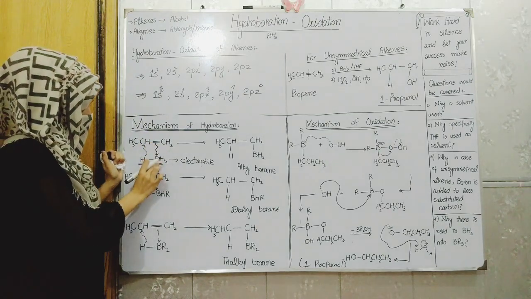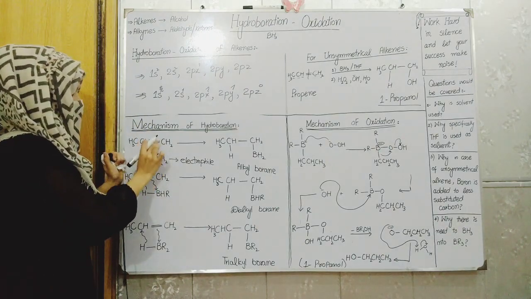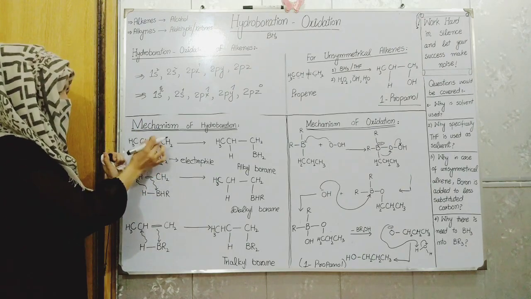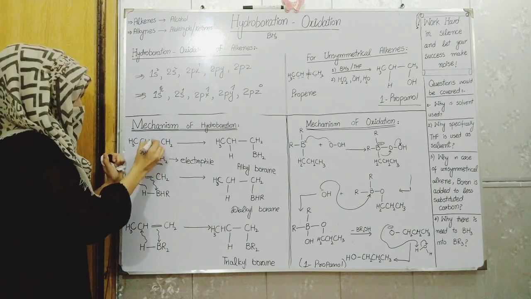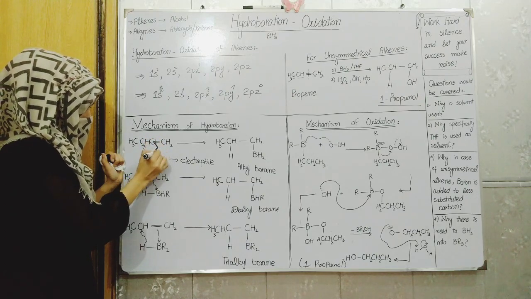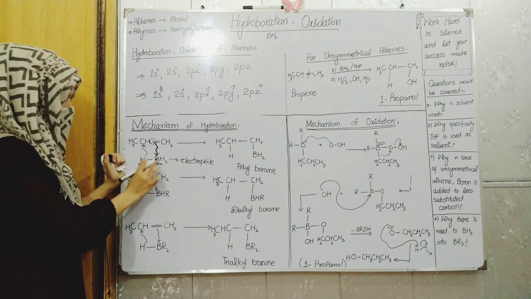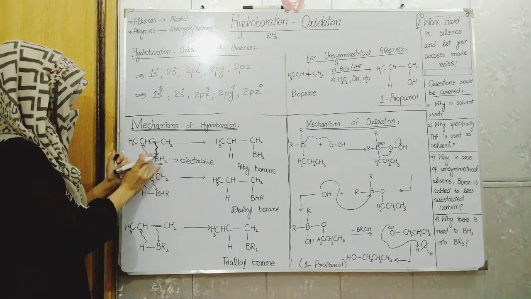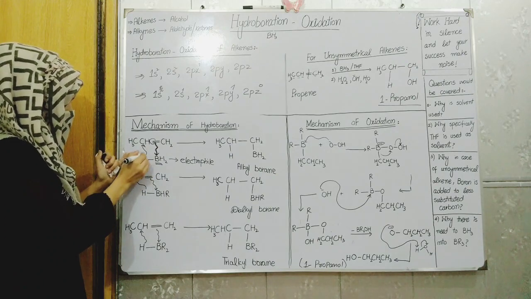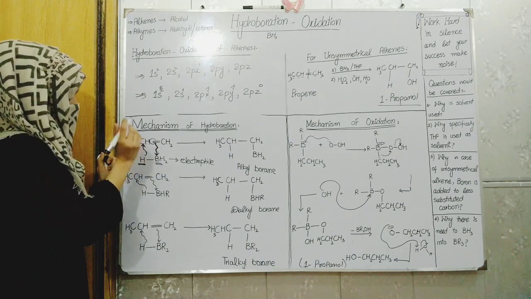Again, this boron acts as an electrophile and this alkene acts as a nucleophile because of its pi electrons. This is electron rich. So the pi bond attacks the boron atom. Simultaneously this bond breaks and this hydrogen atom acts as a nucleophile and attacks that carbon.